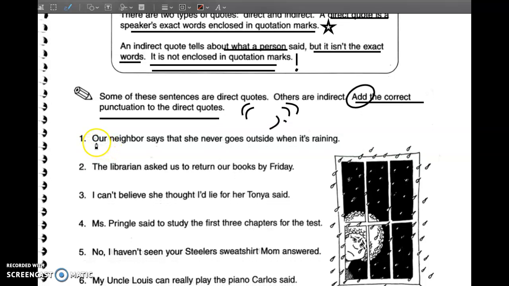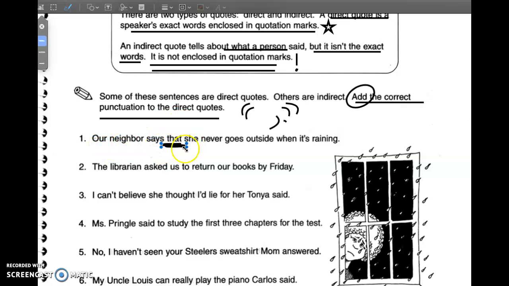Number 1, our neighbor says that she never goes outside when it's raining. Does your neighbor say, "she never goes outside when it's raining"? No. In this one, notice the word that. We are not using the neighbor's exact words here.